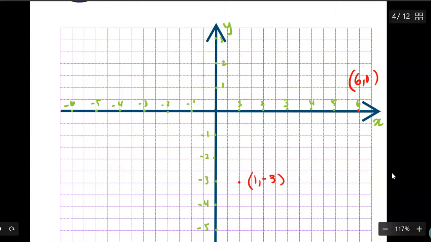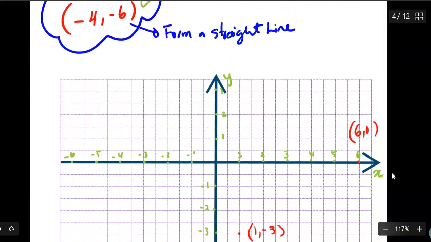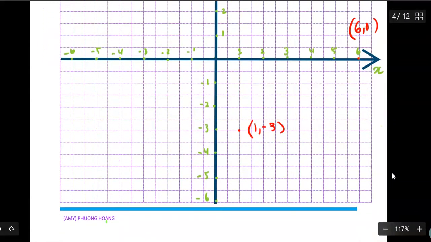The last point I have to find is negative 4 and negative 6. Going down from negative 4, I meet the negative 6, so it should be this one. So this one is negative 4 and negative 6.